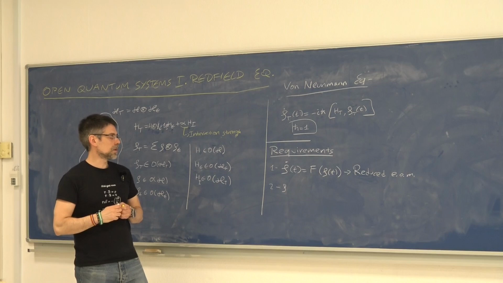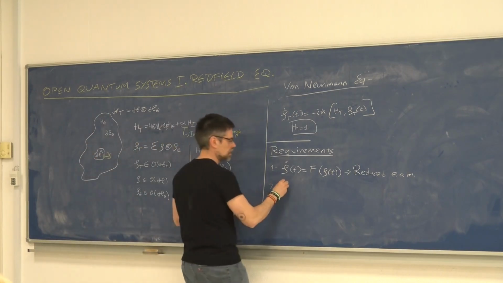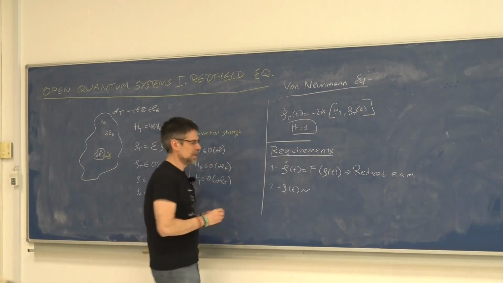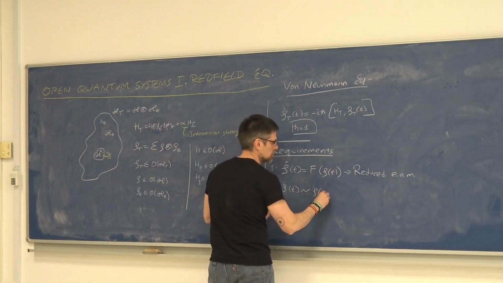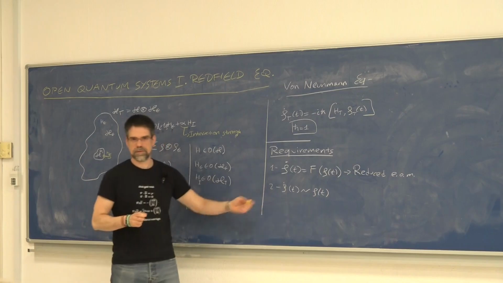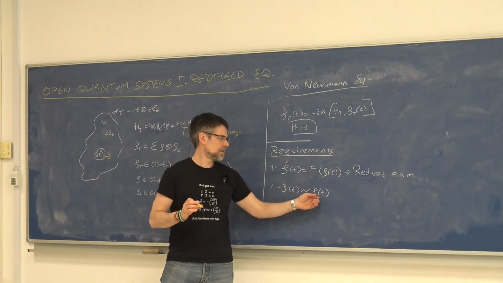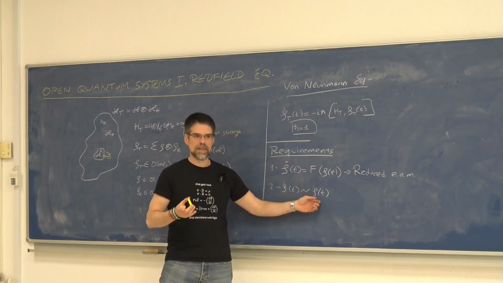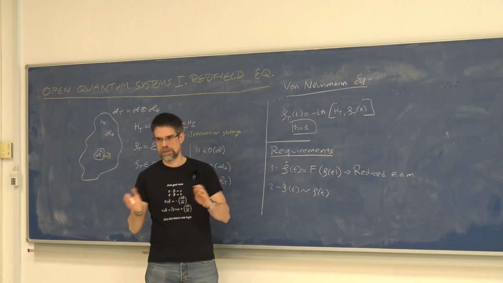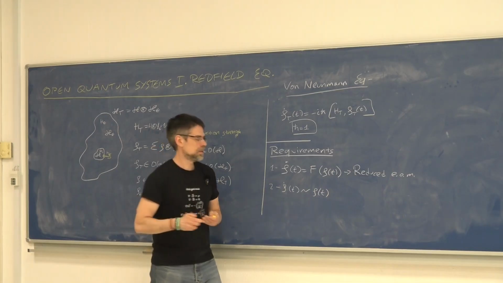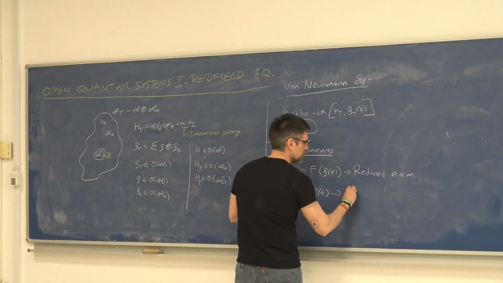Our second requirement is that we want f of t to depend on the state. So the derivative of our function should depend only on the state of our density matrix at the same time, more or less, or around this time. This is what we are imposing: Markovianity.